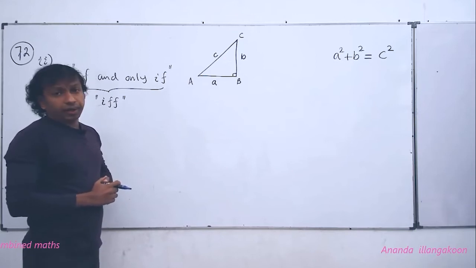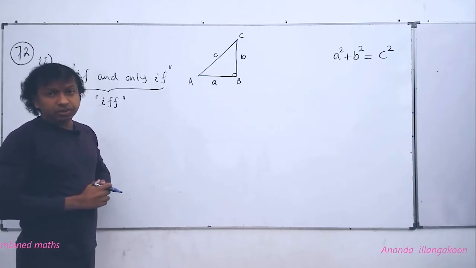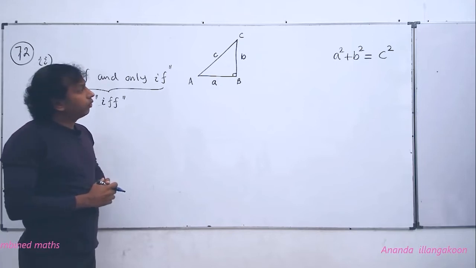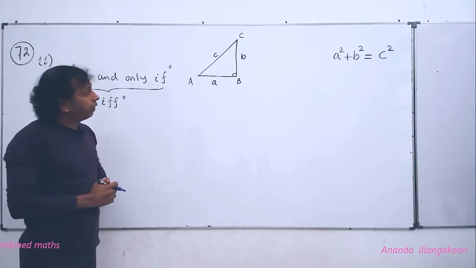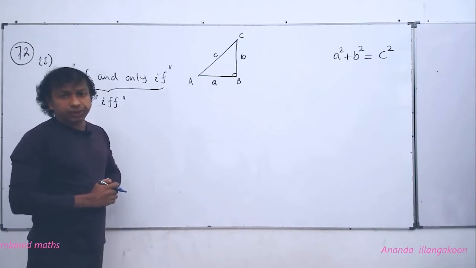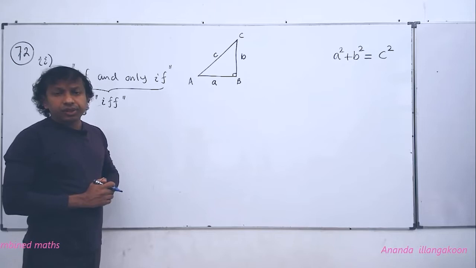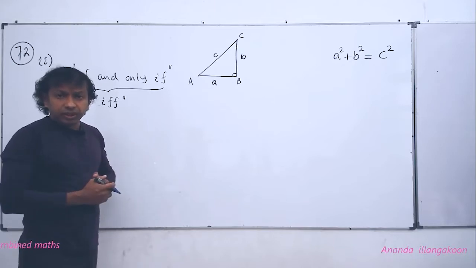For any right angle triangle, it obeys the Pythagoras theorem. Then for this right angle triangle, by applying the Pythagoras theorem, a squared plus b squared is equal to c squared.